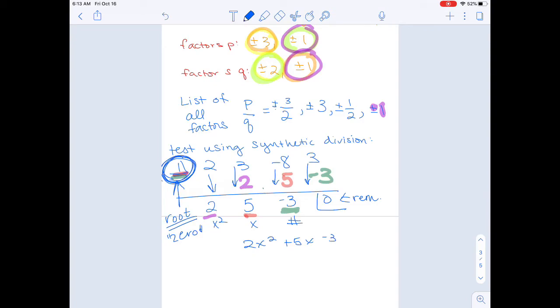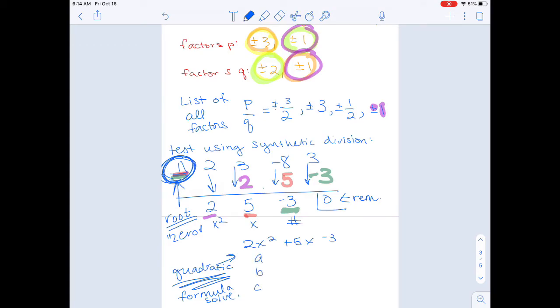Now, because we know that 1 is a root, I can use what I have left here. I could keep using synthetic division, but I know this is a quadratic. I could keep going and hopefully find one of those leftover factors that will work for us, or I can directly solve it by using the quadratic formula. So basically when we're looking for factors or our roots, we divide until we get it down to a quadratic, and then we just solve directly using the quadratic formula.